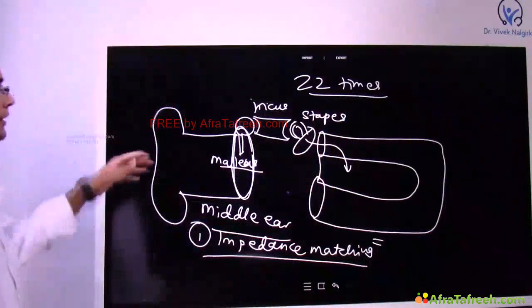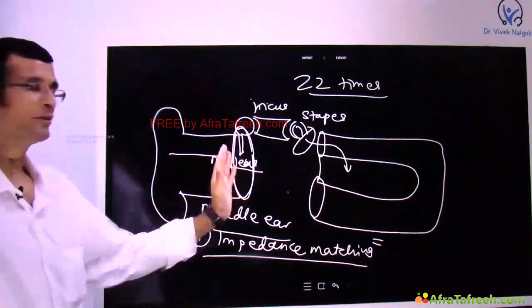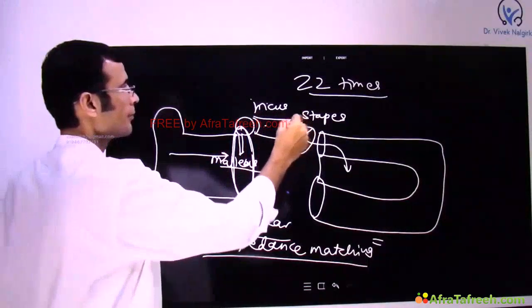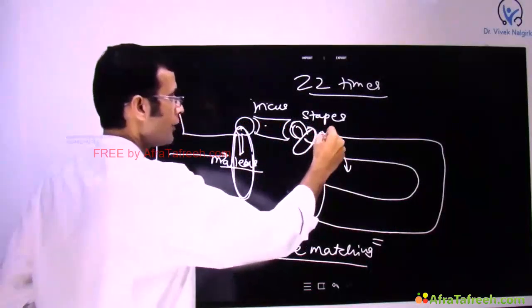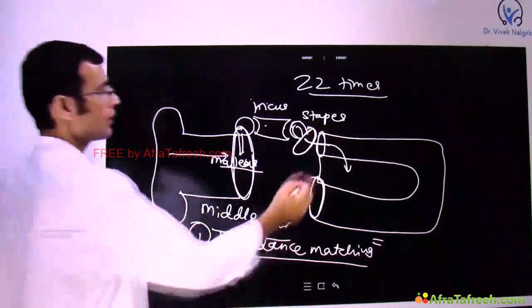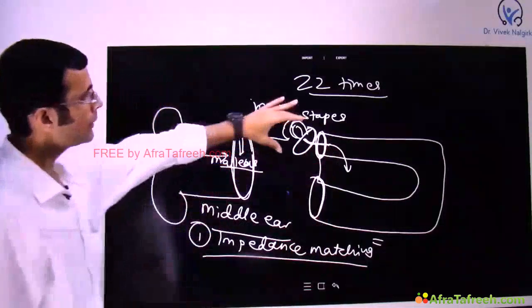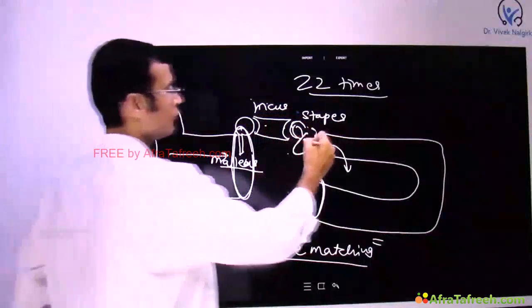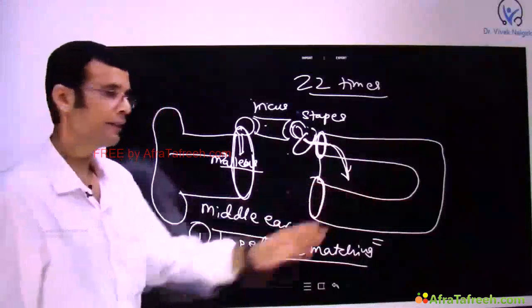So, when the sound waves come through the external ear, there will be tympanic membrane vibrations, and these vibrations will be transmitted through the malleus, incus and stapes, and the stapes bone will move towards the oval window. These are the two windows of the inner ear, oval window and round window. So the foot plate of the stapes will move towards the oval window, and then sound will enter through this window, and it will enter the inner ear.